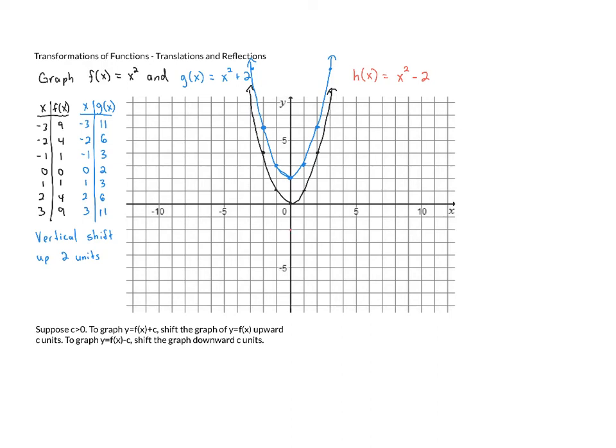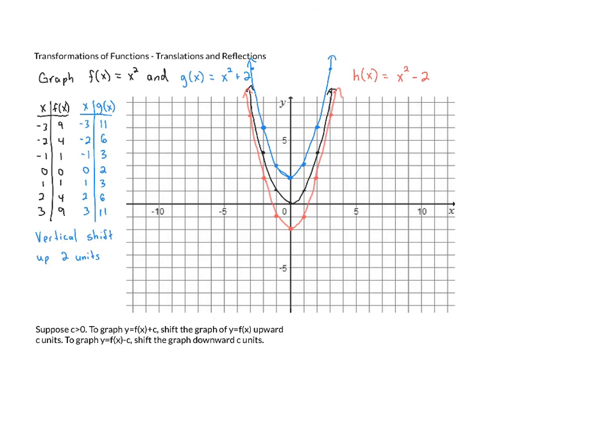So the point 0, 0 gets shifted down 2 units. The point 1, 1 gets shifted down 2 units. The point 2, 4 gets shifted down 2 units. The point 3, 9 gets shifted down 2 units. And we do the same on the left-hand side. All of the points that we plotted end up getting shifted downward by 2 units. And then when we connect the dots, we end up with a graph that looks something like this.